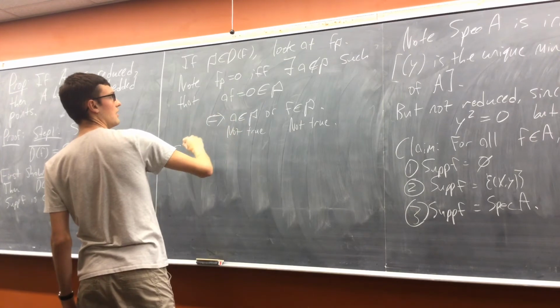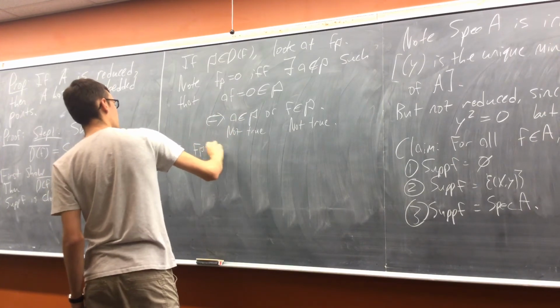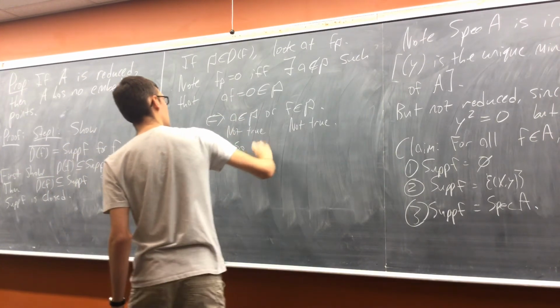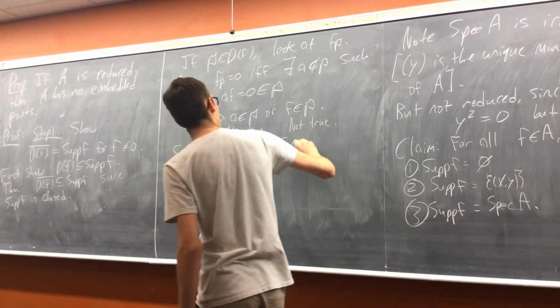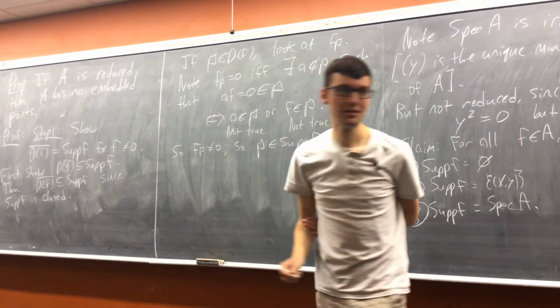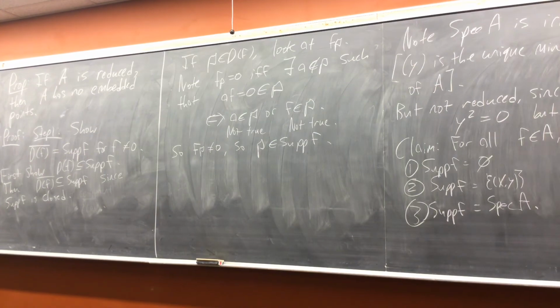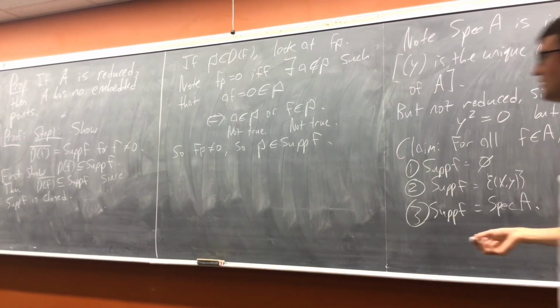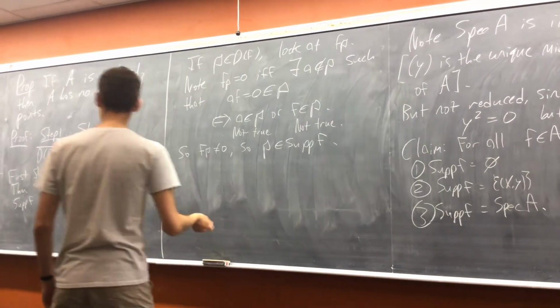So therefore, f_P is not 0. And P lives in the support. So we have our containment. Okay. The other one is more fun.